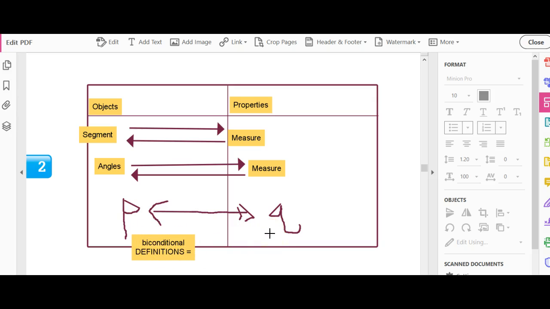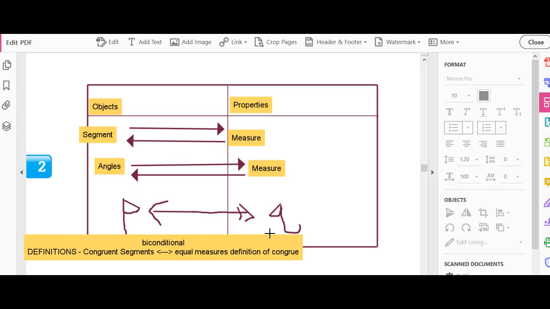So for example, going from congruent segments to equal measures would be the definition of congruent segments.